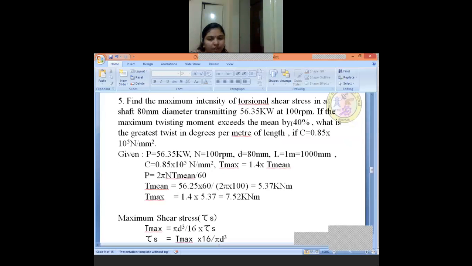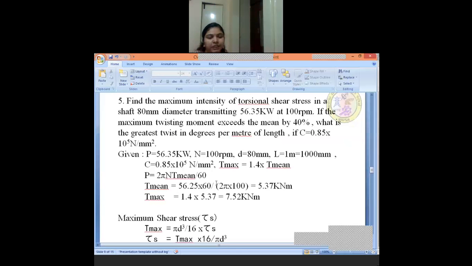Diameter is given as 80 mm, P is 56.35 kilowatts, N is 100 rpm, and T max should not exceed 40% more than T mean, that is T max will be equal to 1.4 times T mean. What is theta? They are asking for the twist in degrees. And C is given.